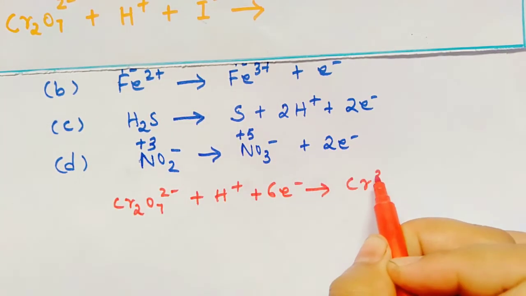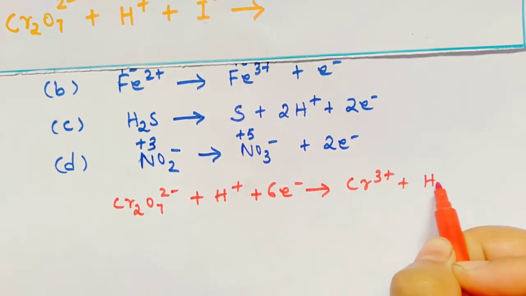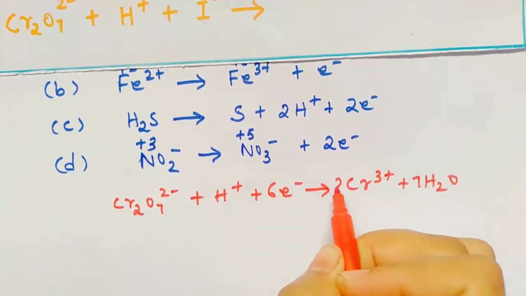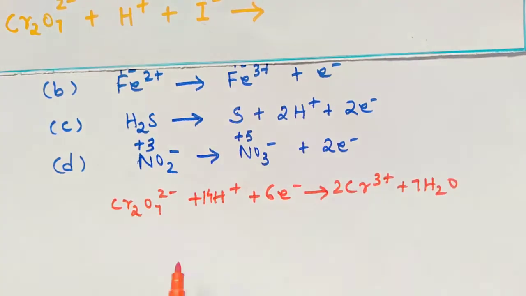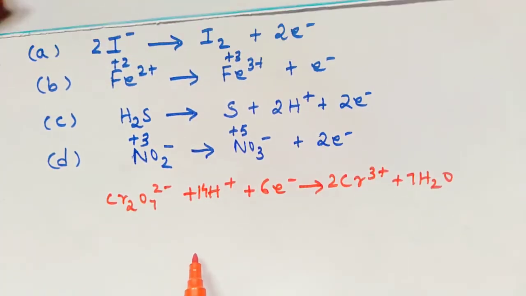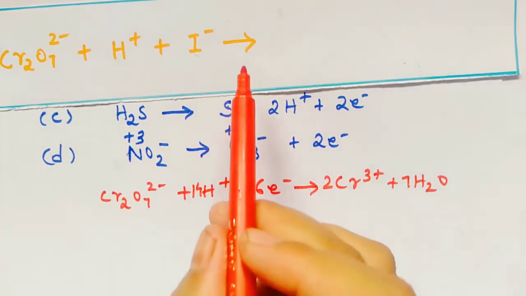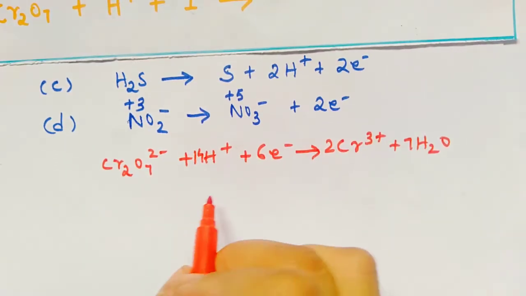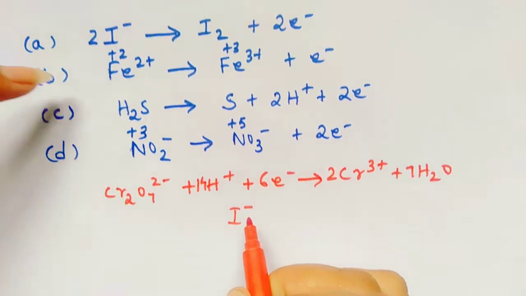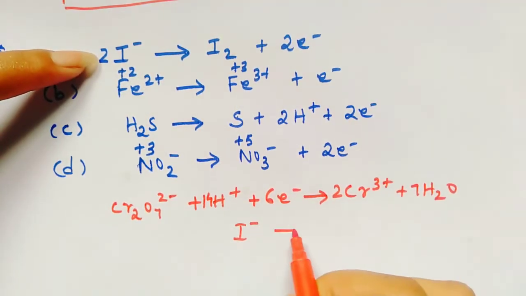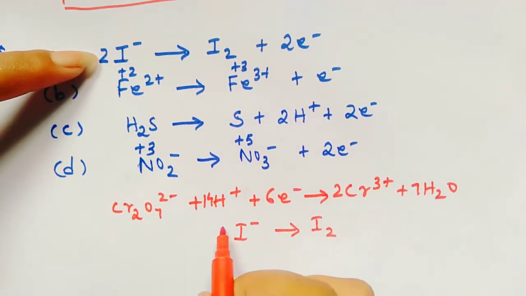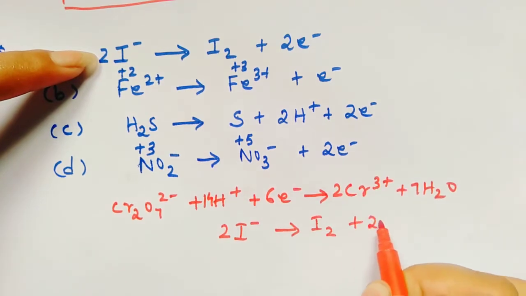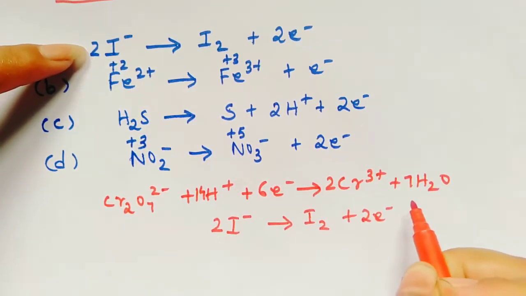Here you have Cr3 plus, and then water molecule. Here you have 2, here you have 14, right? Now what happened? Iodide ion is oxidized to iodine. Now you write this one is oxidized to iodine plus 2 electrons. Now what we do?